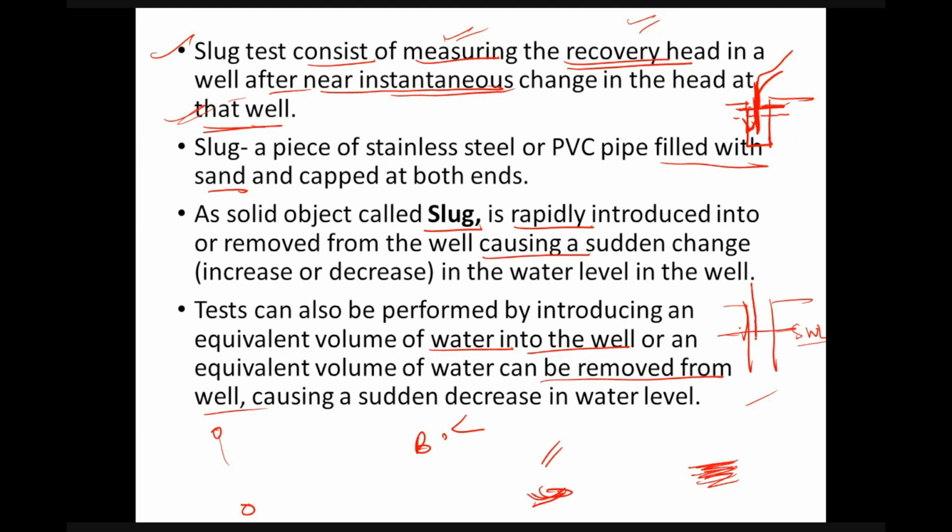If we introduce this slug into the well, the slug has some weight, so it will displace some volume of water equivalent to its weight. The water level within this well will rise up to a certain limit. Let's call it h naught. So the water level in this well will rise up to the height h naught.